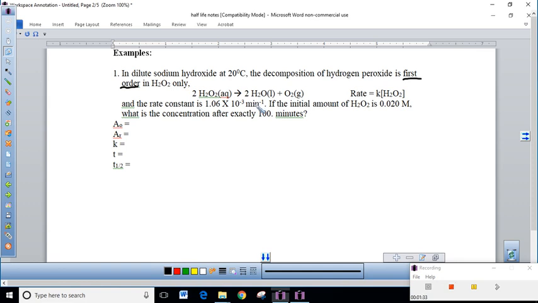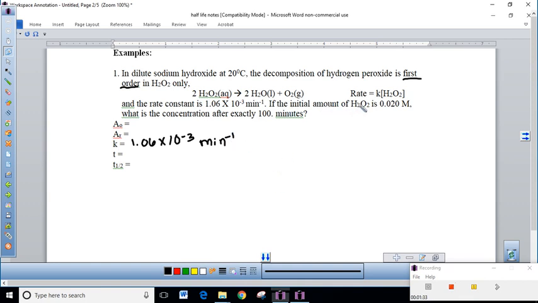I'm going to read the information again, and we're going to plug into my chart. It's got a rate constant of 1.06 times 10 to the -3 per minute. That's going to be our K, and we'll stick that unit on there.